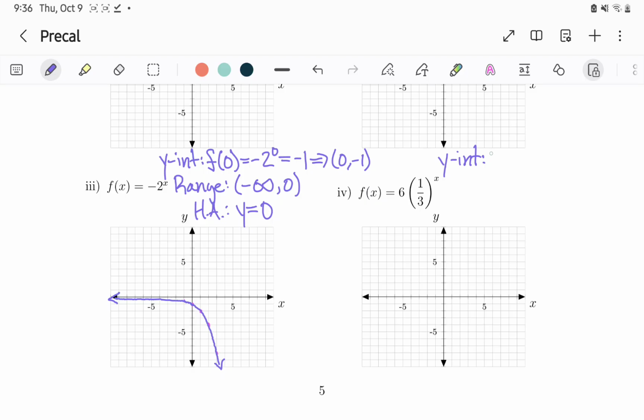And so, for instance, for the y-intercept, this means that it should go from (0, 1) to (0, 6), but let's double check. f of 0 equals 6 times 1/3 to the 0, which is just going to equal 6 times 1, which is 6. And so our y-intercept is indeed at the point (0, 6).